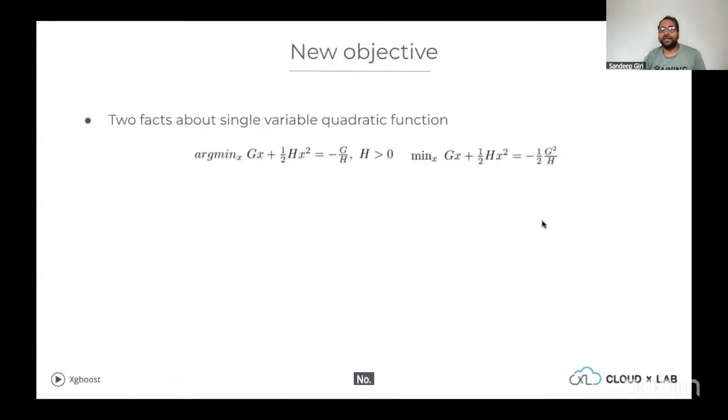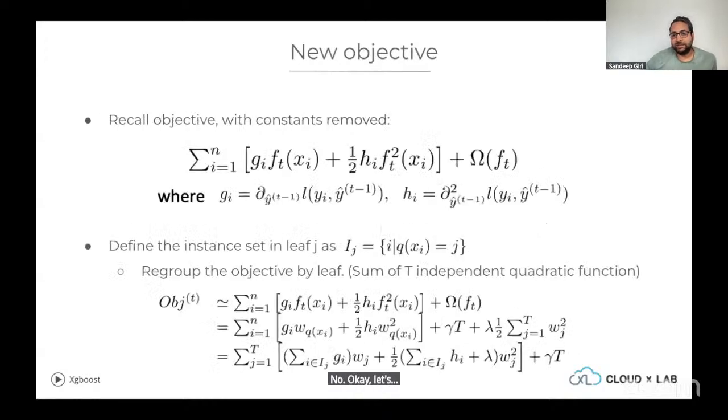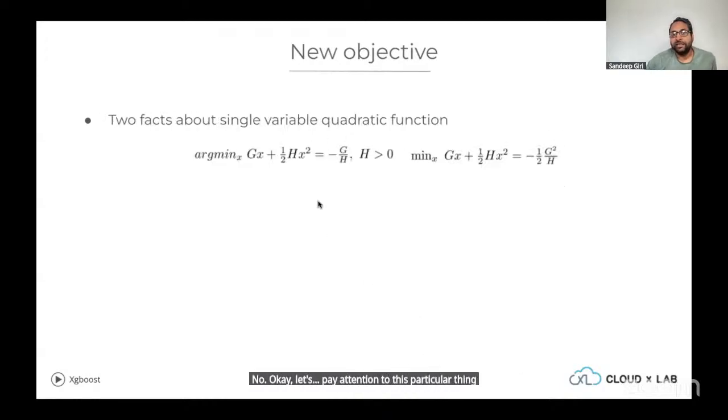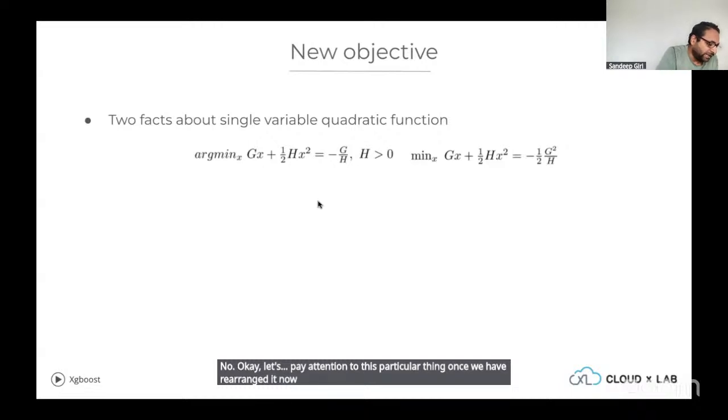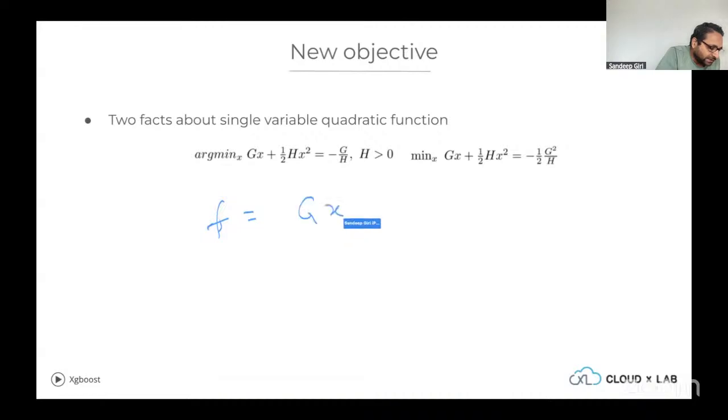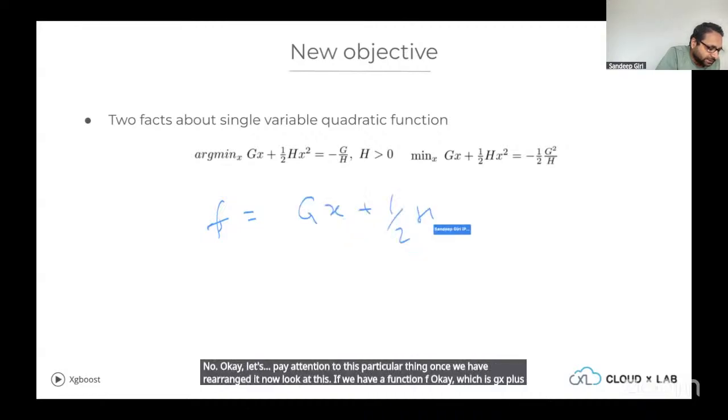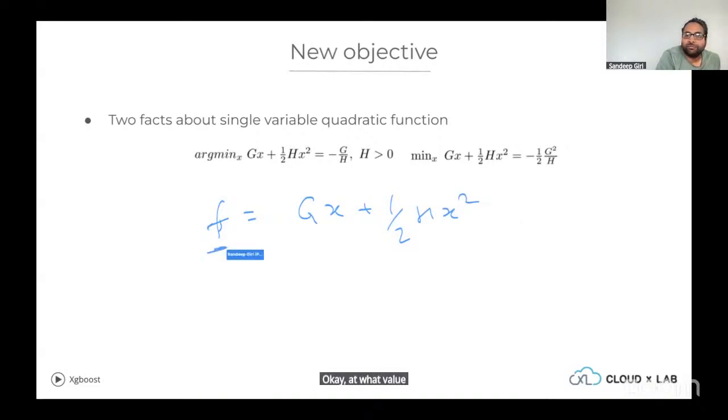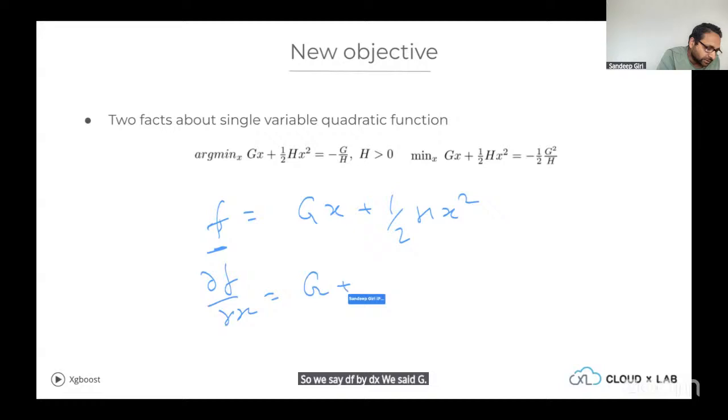Let's pay attention to this particular thing once we have rearranged it. Look at this. If we have a function f, which is gx plus half of hx squared, at what value will f be minimum? We say df by dx is g plus hx equal to 0, so x comes out to be minus g by h.